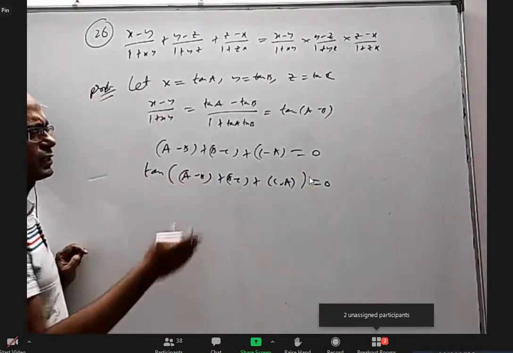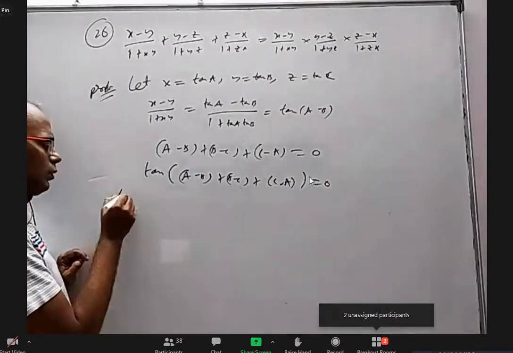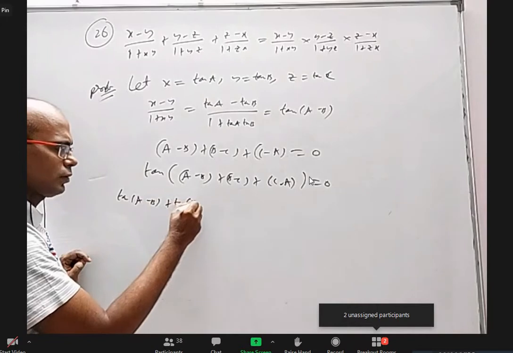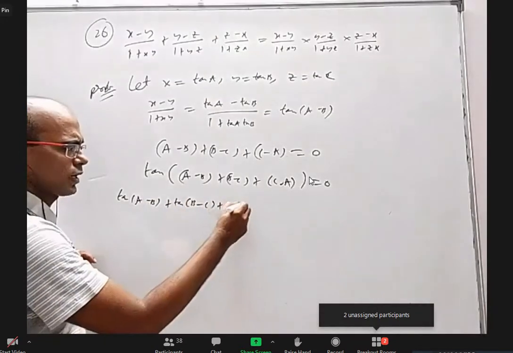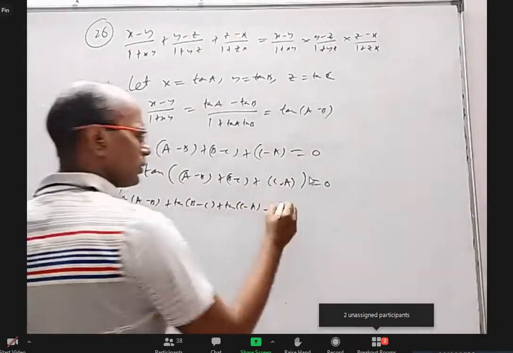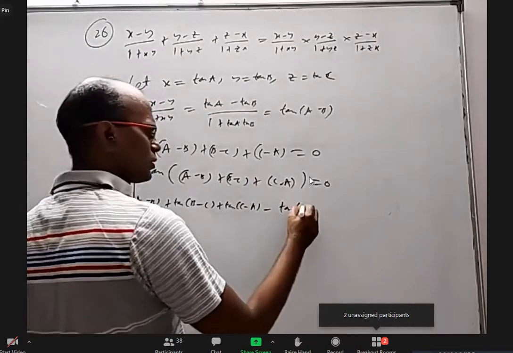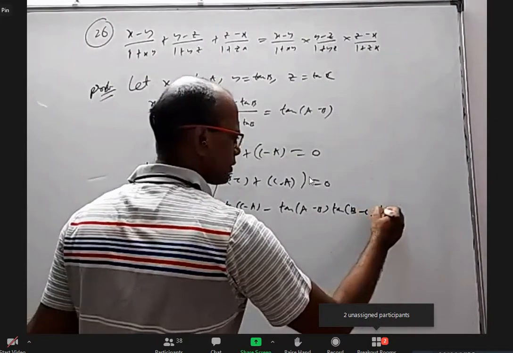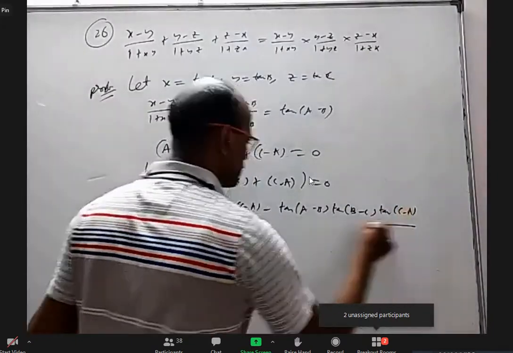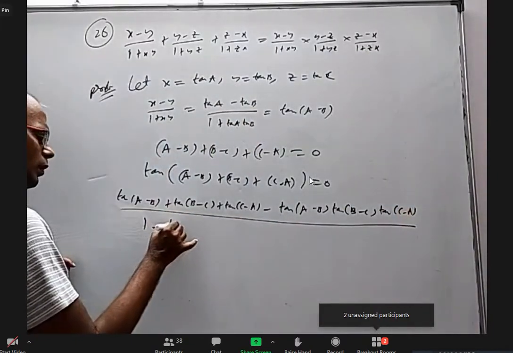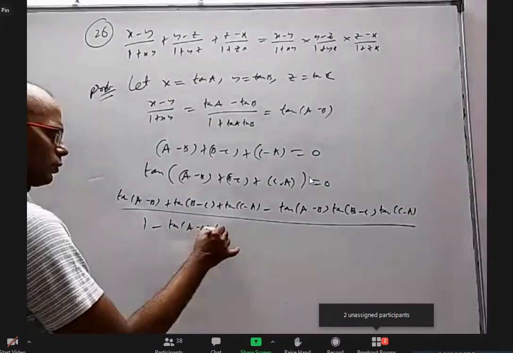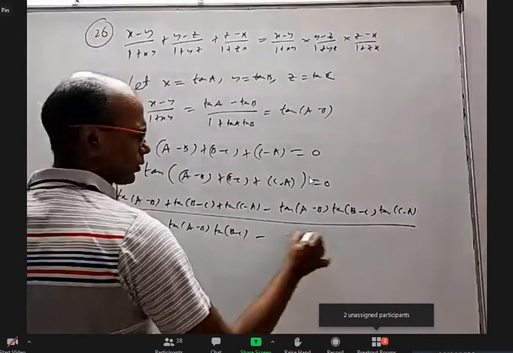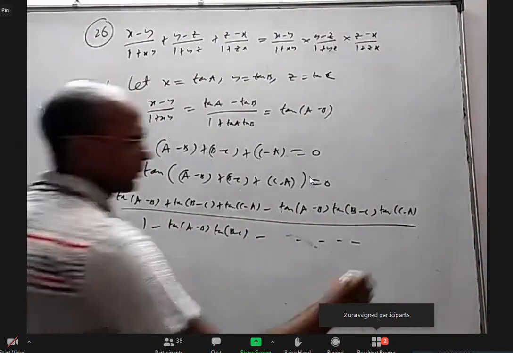We know the tan of x plus y plus z formula. We will get tan of A minus B plus tan of B minus C plus tan of C minus A minus tan x into tan y into tan z, by 1 minus the pairwise products, and that is 0.